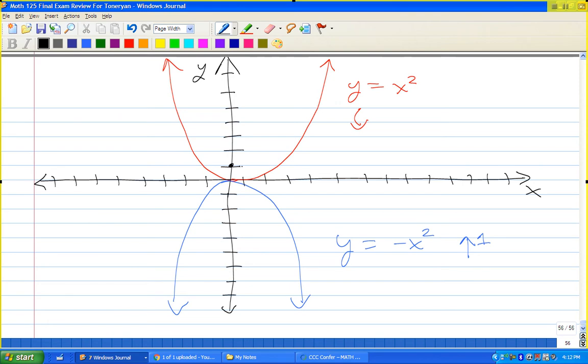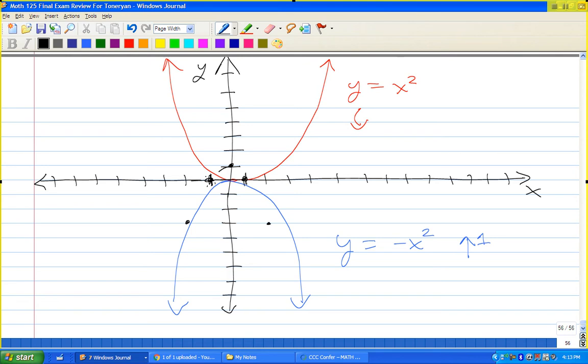And so I'm going to go over 1, down 1. That looks somewhere around there. Over and then down 4. So over 2, down 4. Okay, so about here and here.